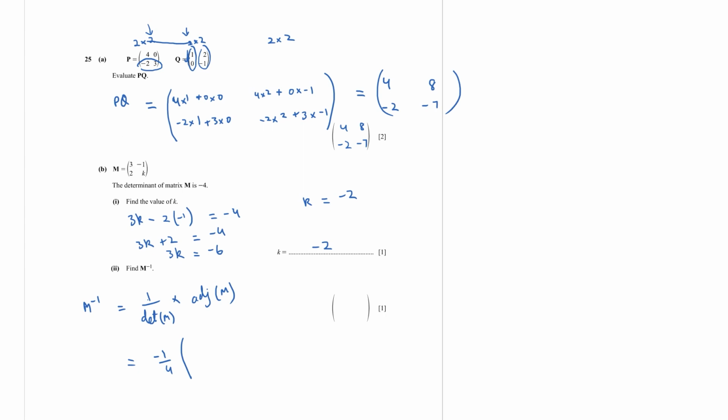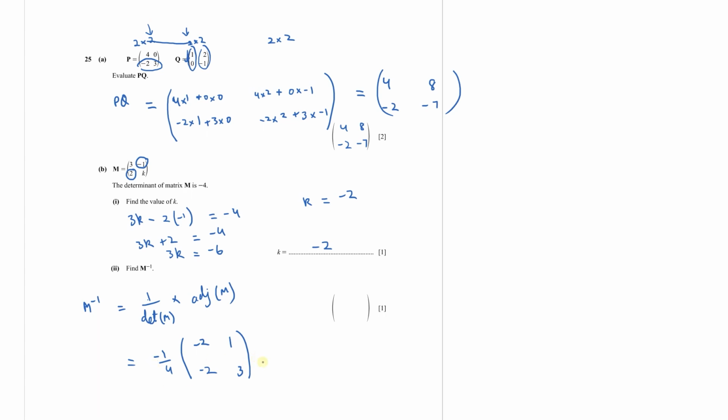So you will swap 3 and K. K will take the place of 3, and we know that K is minus 2, so this will be minus 2, and this will become 3. And then you basically flip the signs of these other values. So minus 1 will become positive 1, and 2 will become negative 2. So this will be your M inverse.